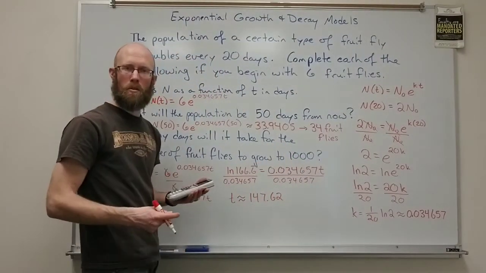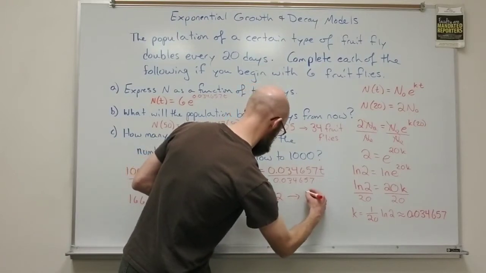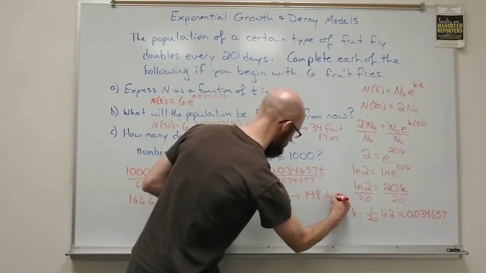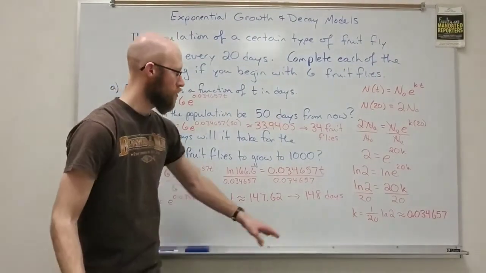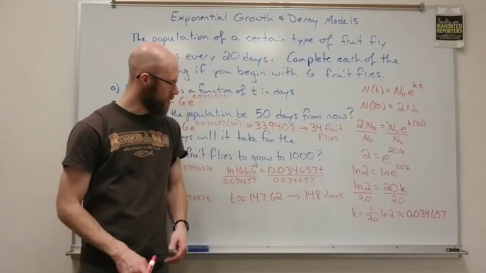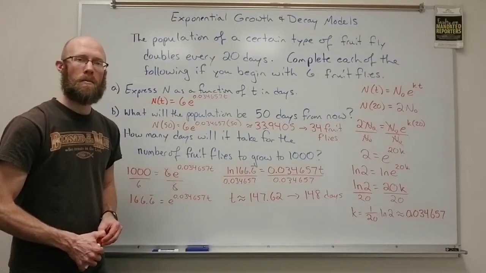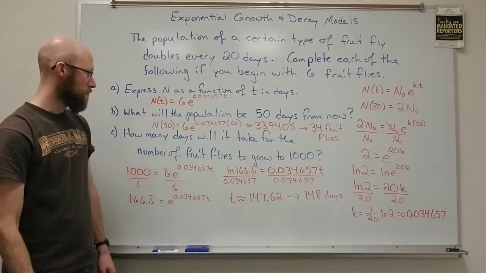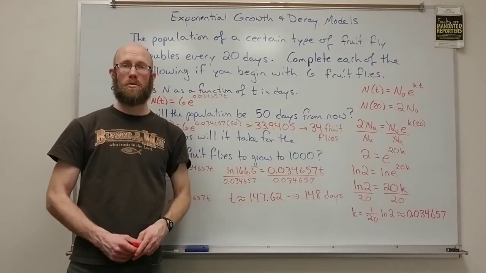We'll call that about 148 days. So after 148 days, it's, I don't know, what is that? That's about 4.5 months or so. So after 148 days, the population will grow to about 1,000 fruit flies.